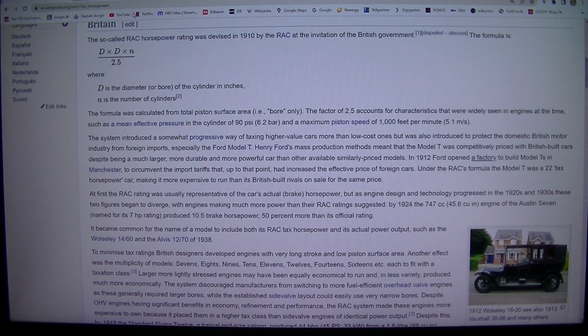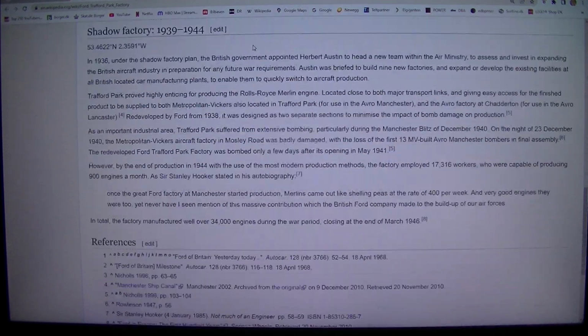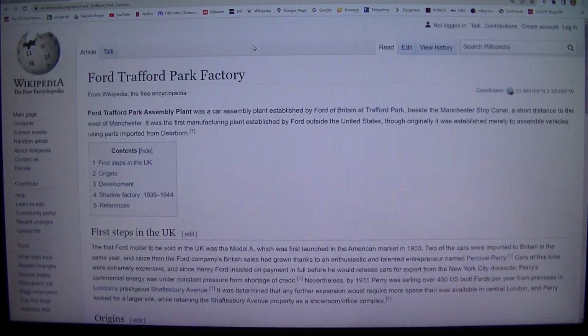That's maybe part of Ford. Yes, I don't know, we can read about this factory there.